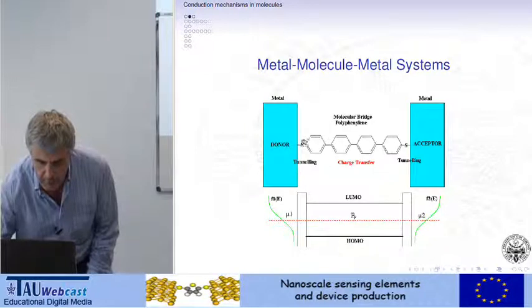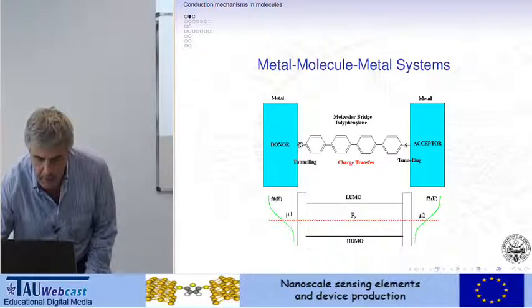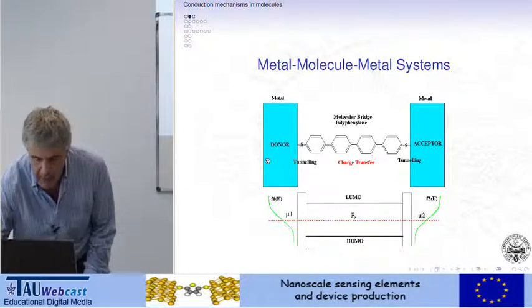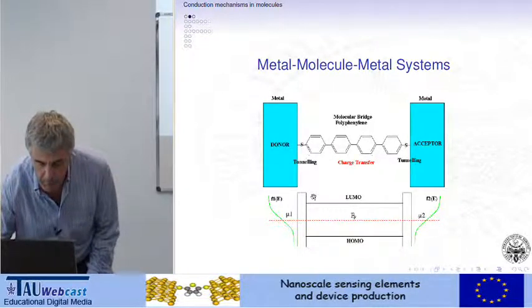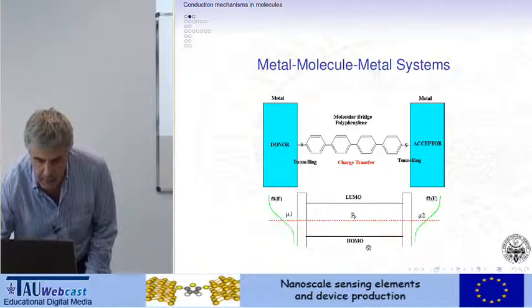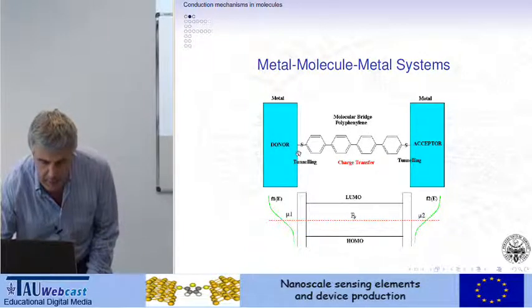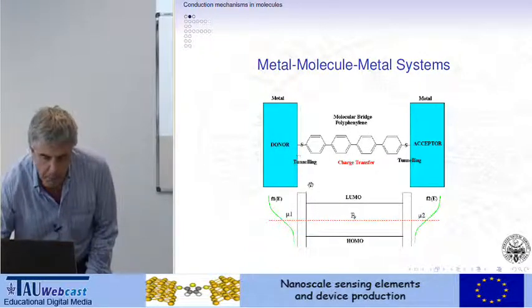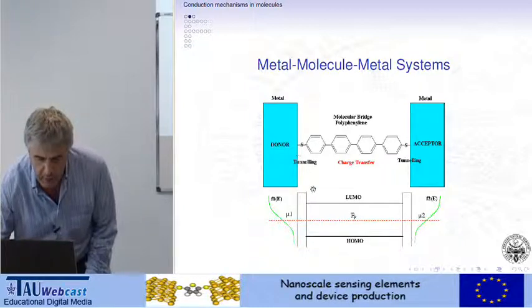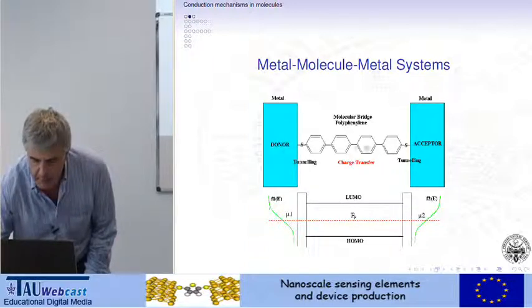We know that the sulfur atom can produce a good bond to the metal, but the problem is how the electron can pass through this interface. So we have to understand which is the most effective model for electrons traveling from the metal to the molecule. And the same problem is on the right electrode.